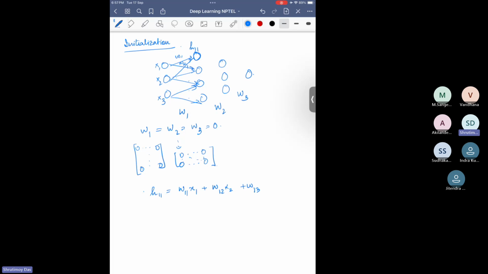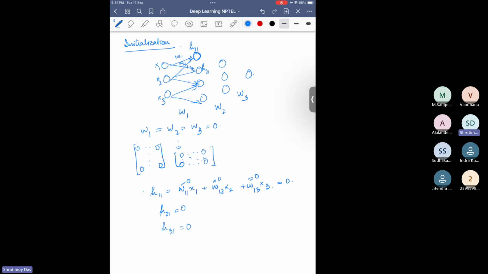I have not shown these weights here. And because these things are all zeros, h11 becomes 0. Similarly, if I write this as h21, h21 becomes 0, h31 becomes 0, and so on, right?